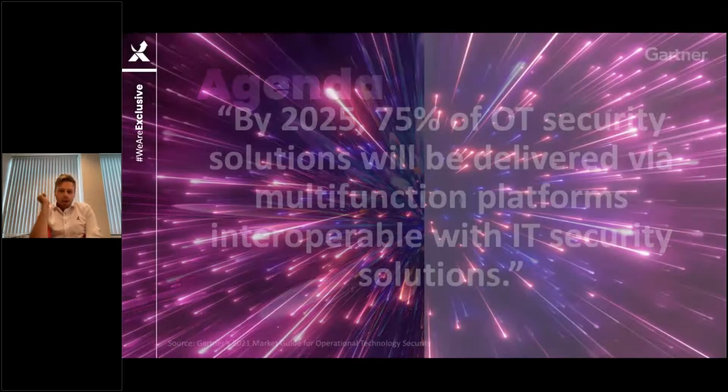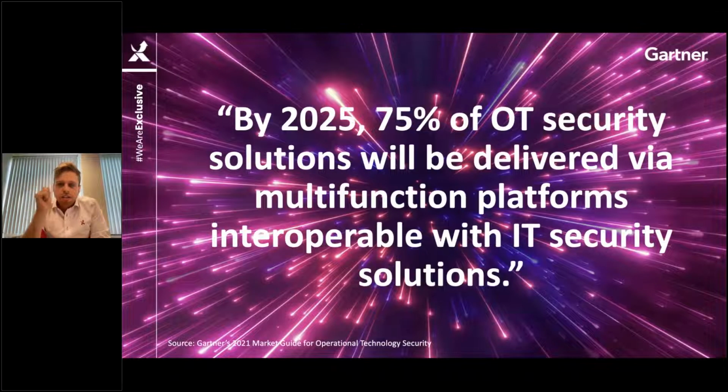The reason why we thought OT security would be a good topic to kick off this new school year is because we see that companies face more and more challenges because of the convergence between IT and OT. Gartner last year made a prediction saying that by 2025, 75% of OT security solutions will be delivered via multifunction platforms interoperable with IT security solutions.